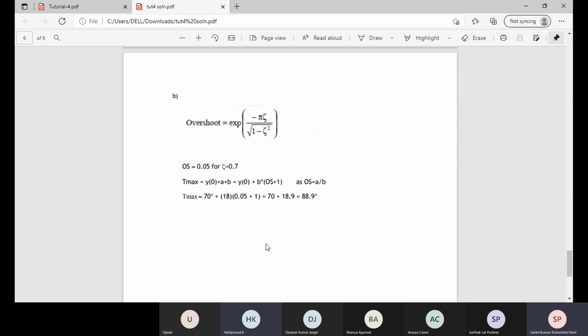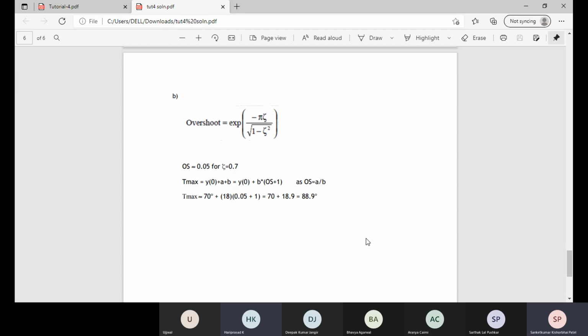That would be the total. So the steady state value, the total value, and the overshoot. The steady state value is starting from 70, and A plus B would be the total.